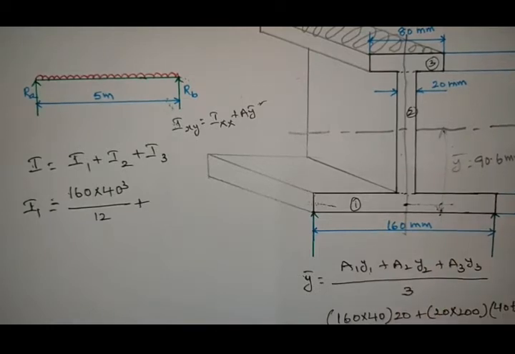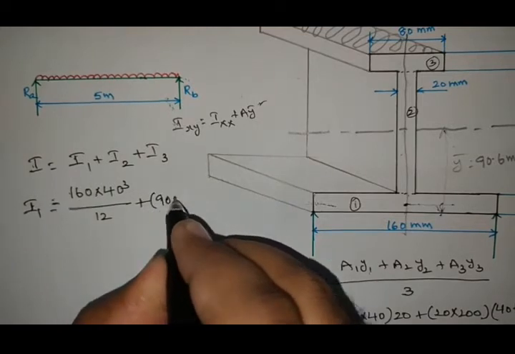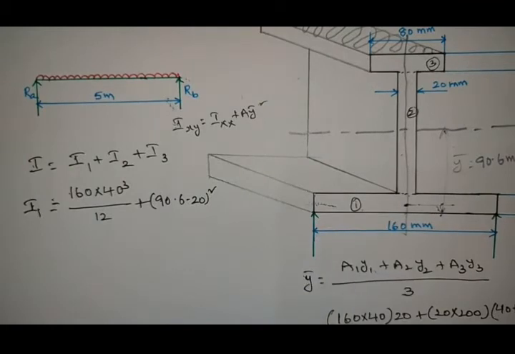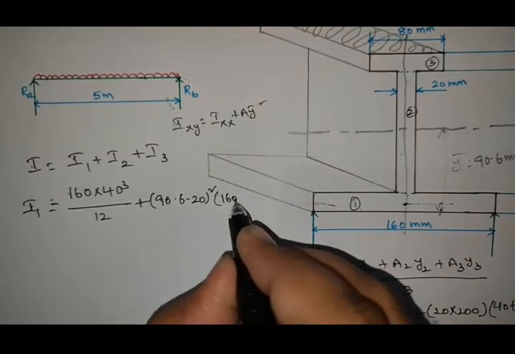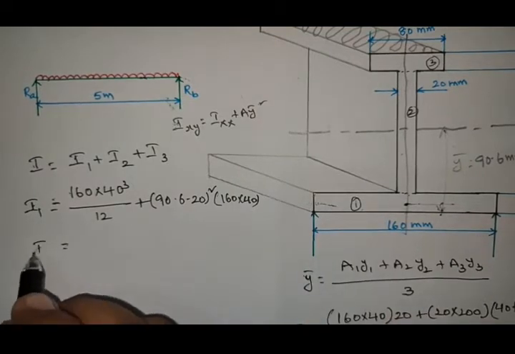Total 90.6 minus 20, that is 90.6 minus 20 square into area. So what is this area? 160 into 40. This rectangle area is 160 into 40. So now what is I1?